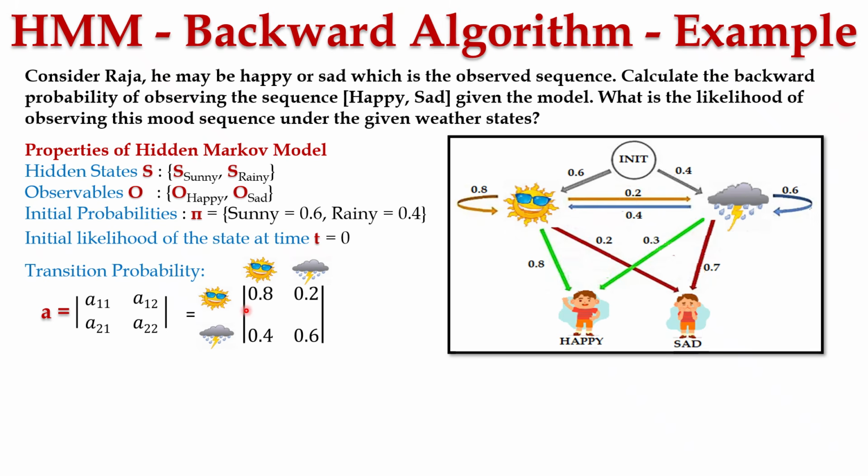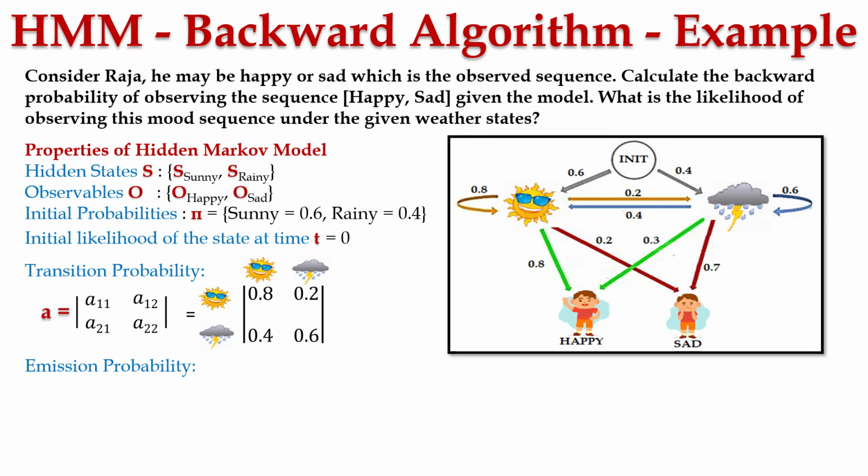Next, the matrix value A21 represents the transition from rainy to sunny. Its value is 0.4 in our model. The matrix value A22 represents the transition from rainy to rainy. Its value is 0.6 in our model.